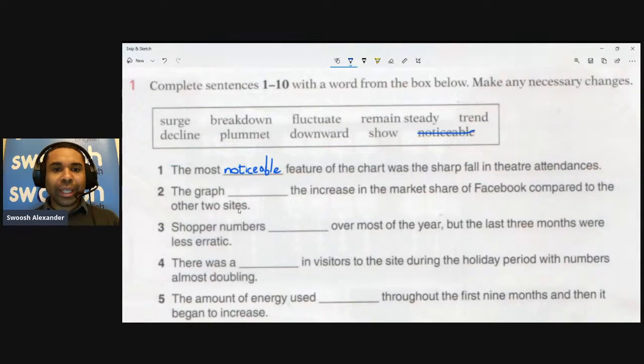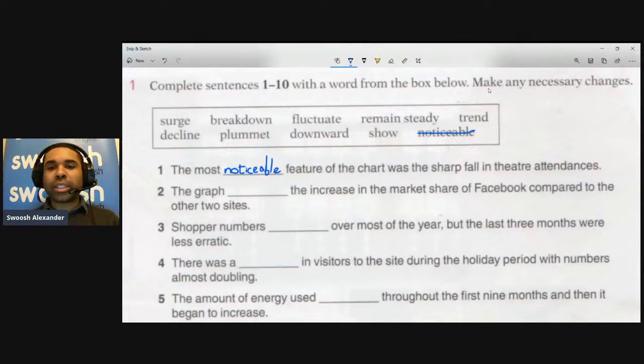So we need here, we need to use a verb. That would be the most likely verb that we would use. And we can actually see here that the only verb that we've got, well, it's not the only verb, but certainly the key verb we would use would be show.